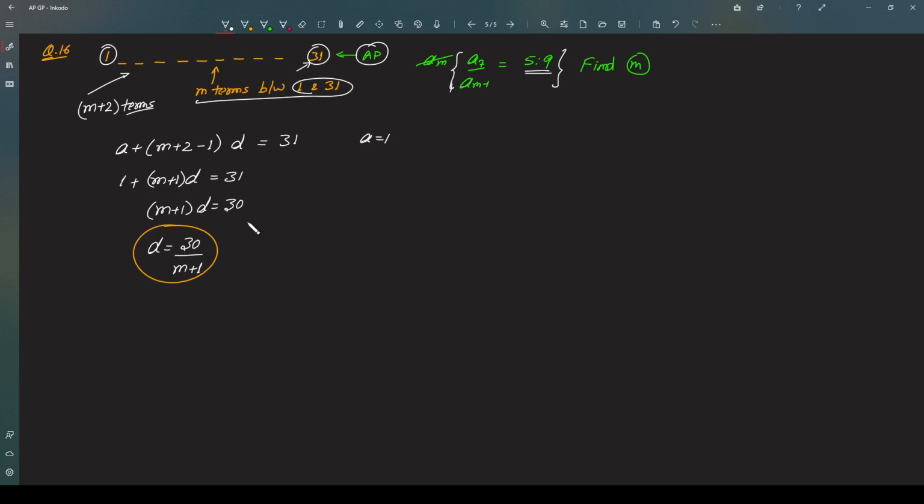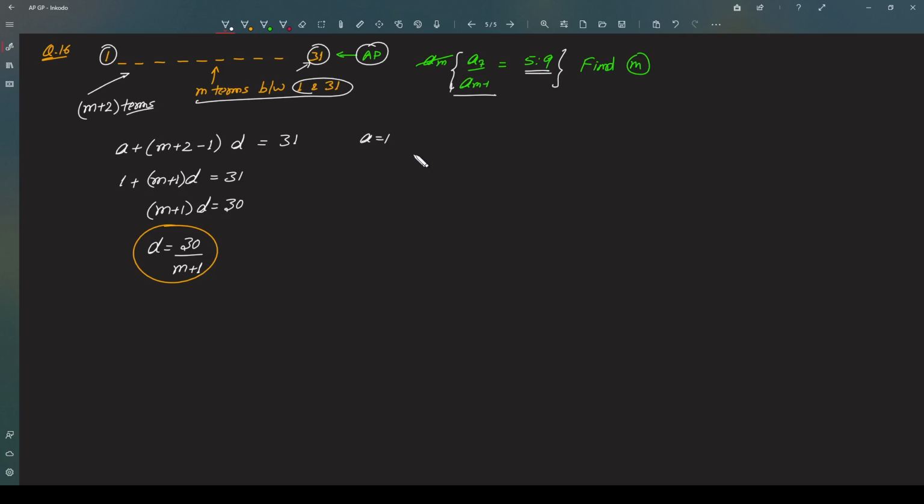Now, the ratio of the 7th term and the m minus 1th term. Remember, this is not the 7th term of the AP. It says that out of those m numbers, the ratio of the 7th and the m minus 1th number.